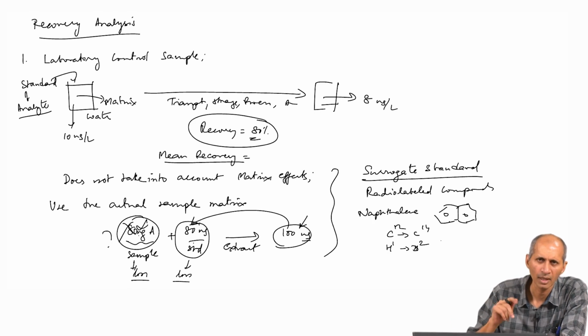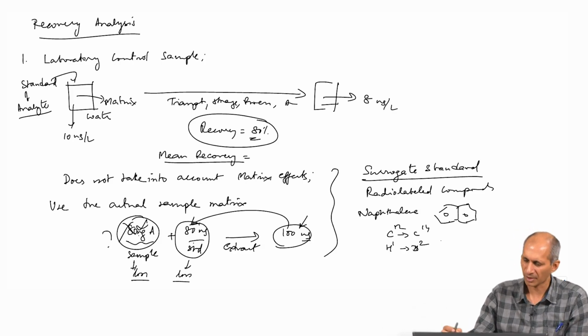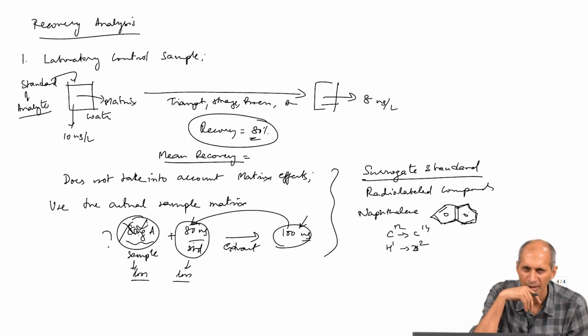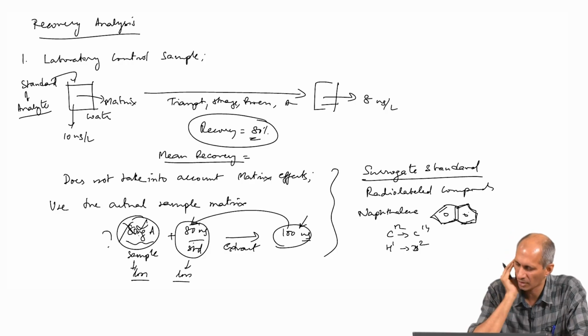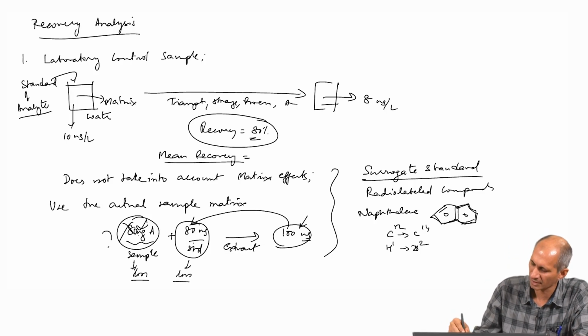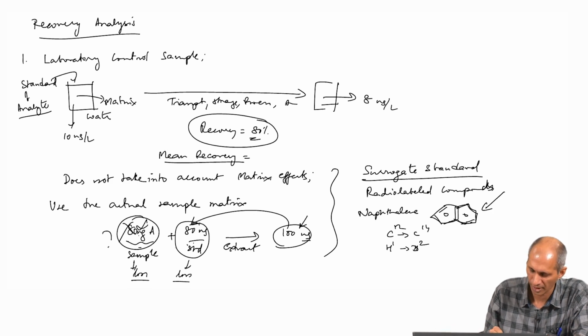So, one atom is replaced by an isotope, and these isotopes are not present in the environment, and they also show a signal that is slightly different from the non-radio labeled naphthalene. So, this being the case, we are able to distinguish between these two cases, which is the sample.